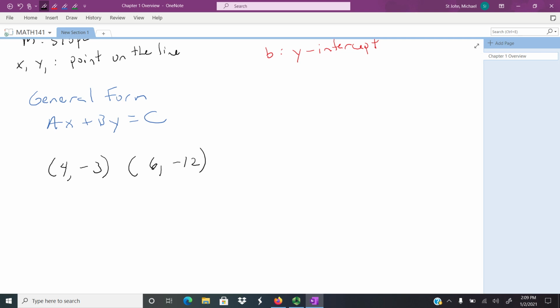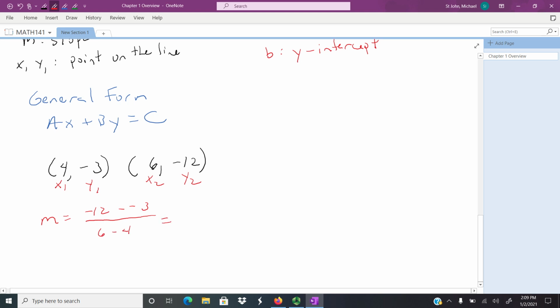One way of doing that: first, we need to know the slope. Let's call these x1, y1, x2, y2. And so my slope is going to be negative 12 minus negative 3 over 6 minus 4.